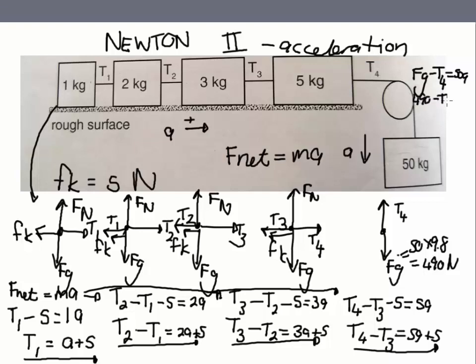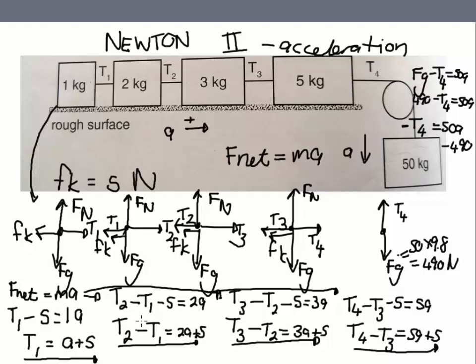So 490 minus T4 equals 50A. If I take the 490 to the other side, negative T4 is going to be equal to 50A minus 490.